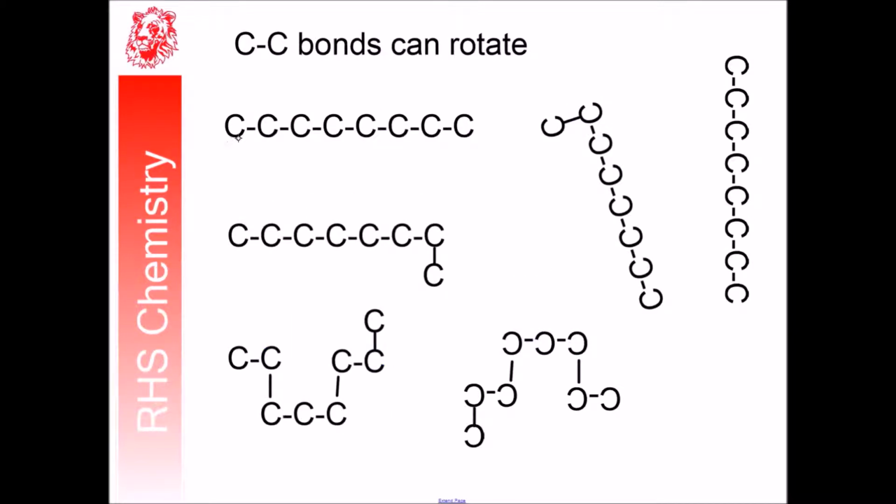So here we have a 1, 2, 3, 4, 5, 6, 7, 8 carbon chain, octane. We've shown it just in a straight line here. It should be the zigzag for 109.5 degrees. But it turns out that bonds can rotate. And so if this bond right here were to rotate, you would end up with a line that looks something like that.